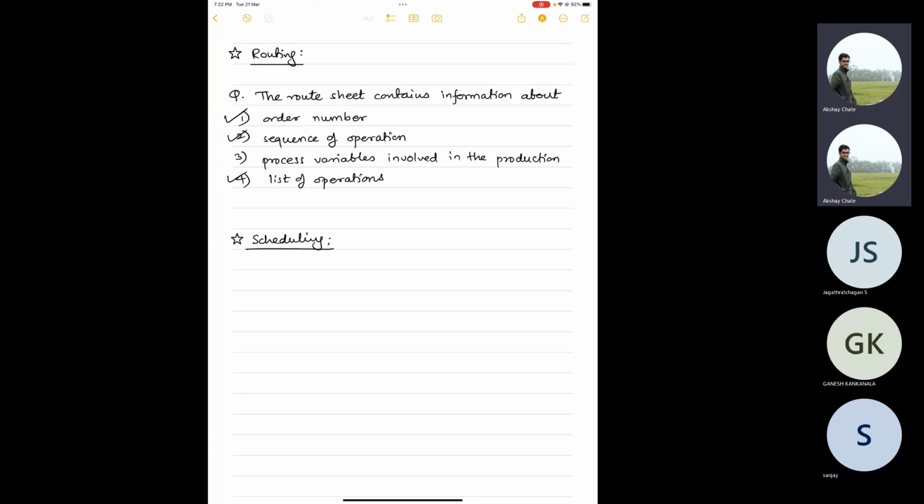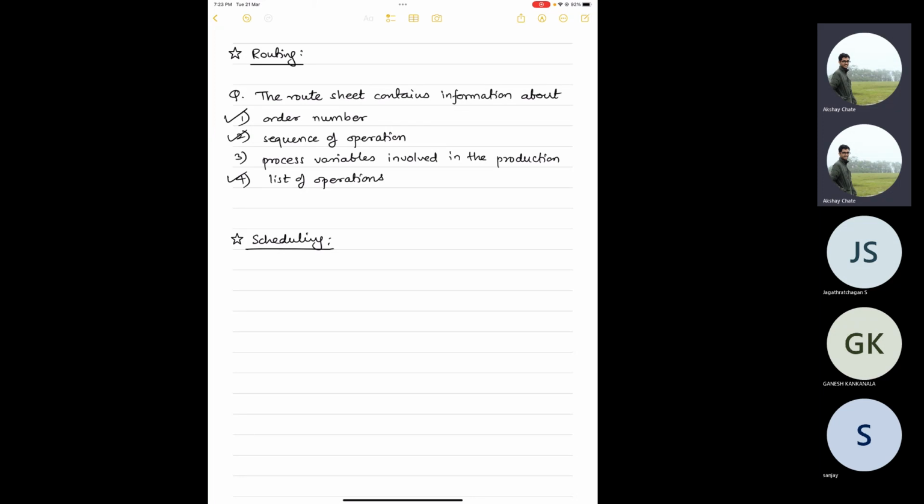Today's discussion will be primarily focused on this topic only. Scheduling tells you where to produce, or which machine the product needs to go to, and when it is supposed to go. So it answers two questions: when and where.